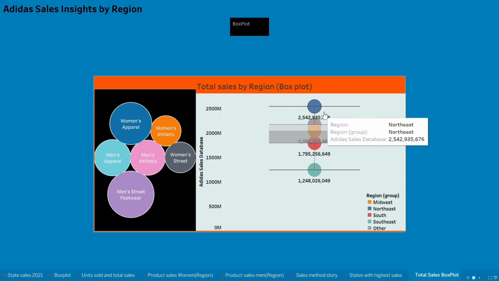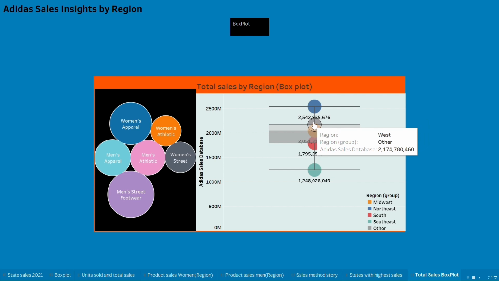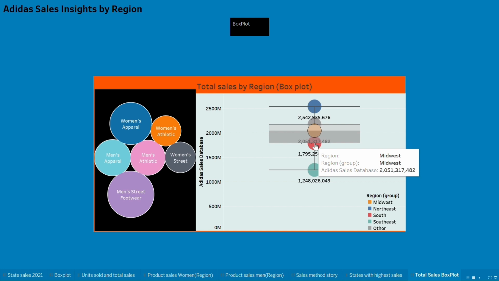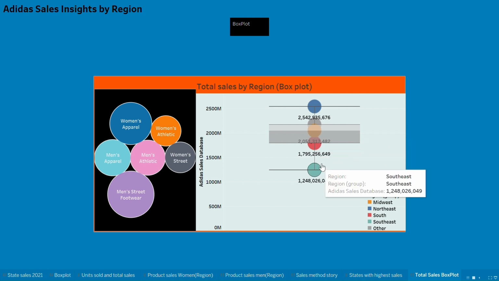And then moving towards the middle, we have the West with 2.1 million, Midwest 2 million, the South with 1.7 million, and then the Southeast region with 1.2 million.